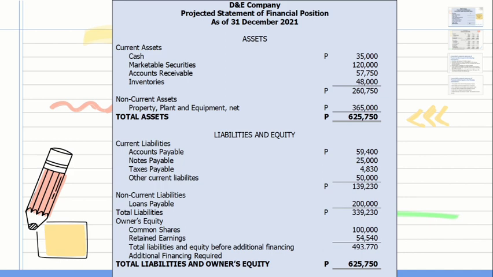So, we will require an additional financing of 131,980. So, there we have our projected statement of financial position for D&E Company as of December 31, 2021.